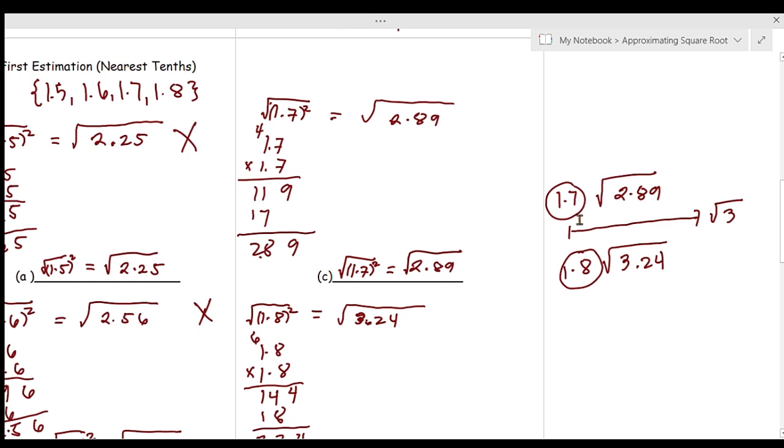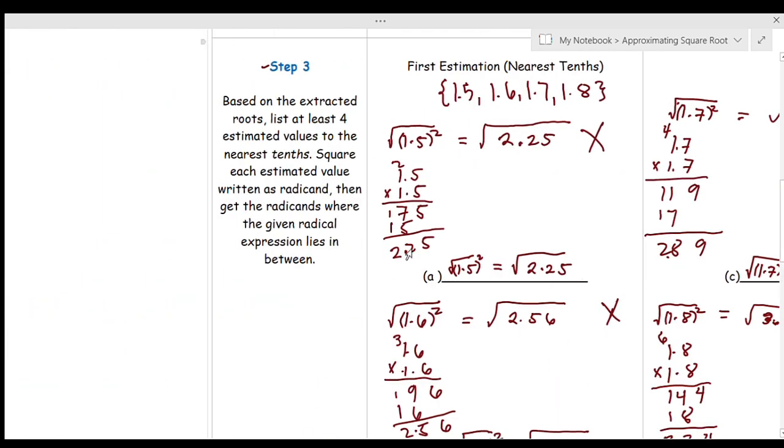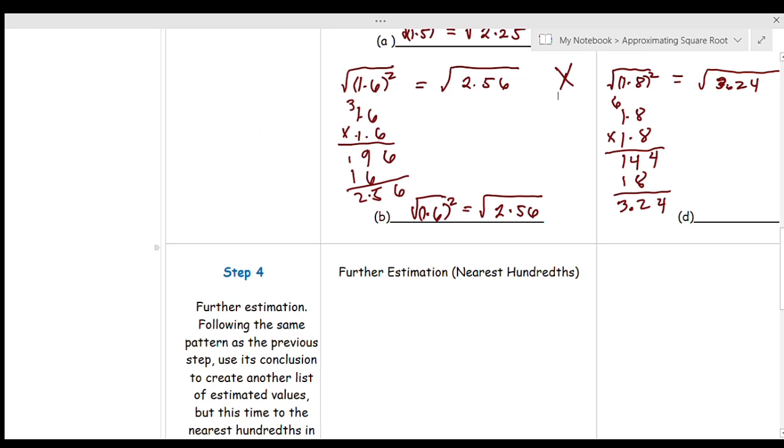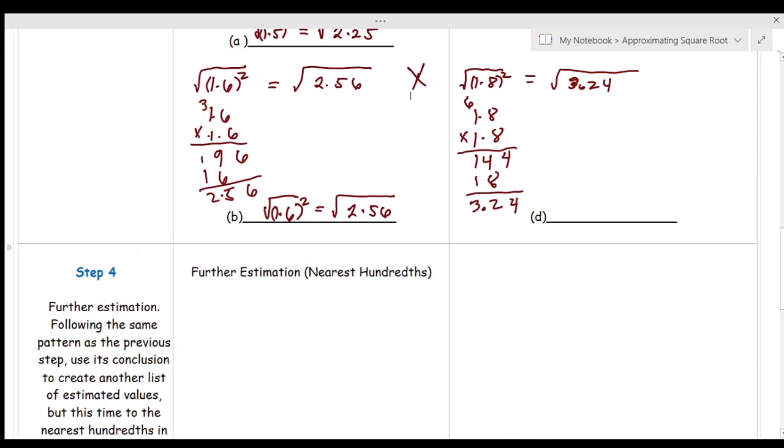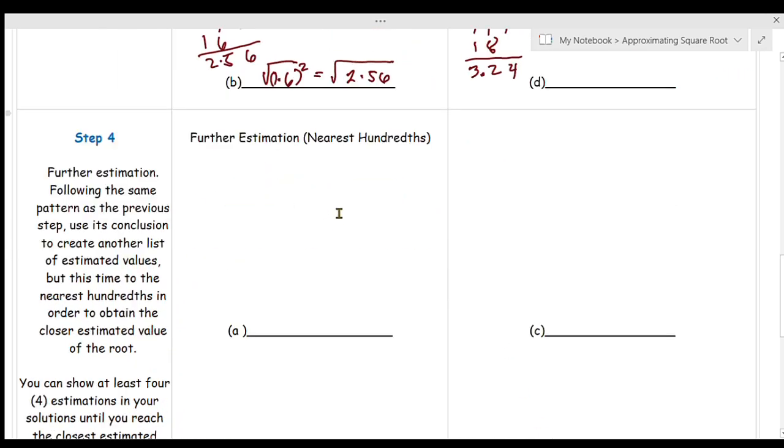From 1.7, since nearest tenths ito, kukuha naman tayo ng panibagong nearest hundredths. So, dito na tayo sa step number 4. Para mas malapit sa approximation natin or estimation, since 1.7 yung mas malapit sa square root of 3, gagamitin natin yung 1.7.